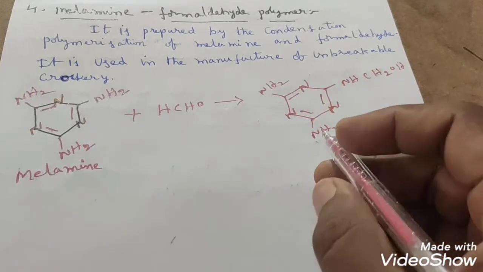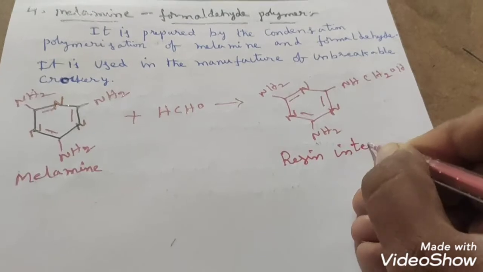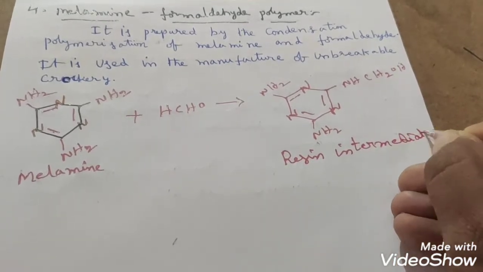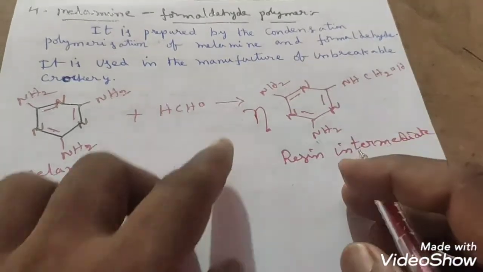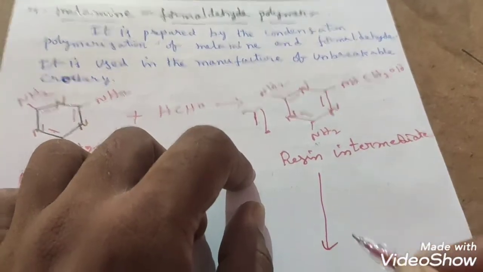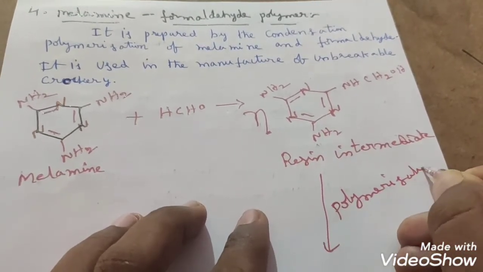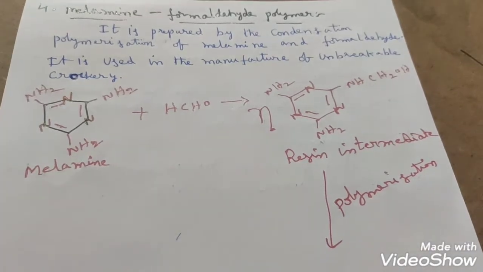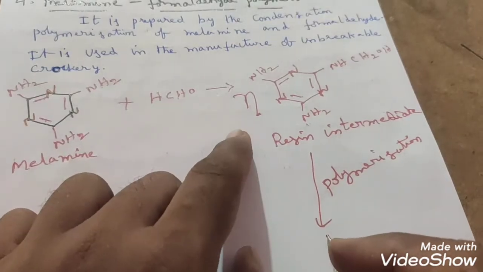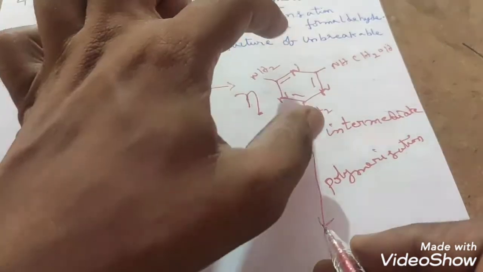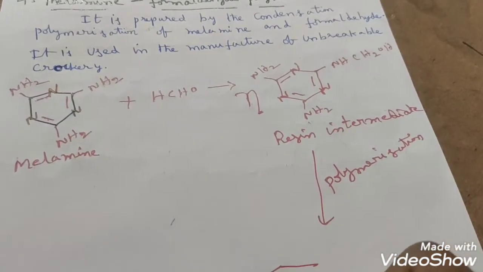This is the resin intermediate. If you take n moles of this molecule, it will polymerize. On polymerization, you will get melamine formaldehyde polymer. How you will get the melamine formaldehyde product, from this we will see now. So let us take the product, it will be like this.